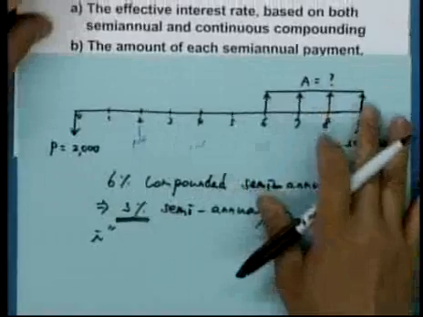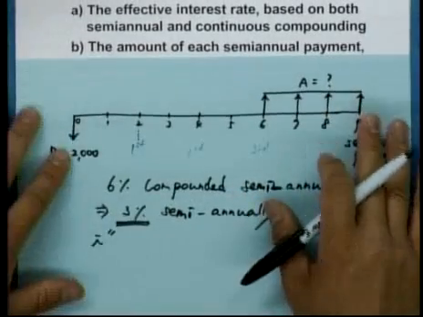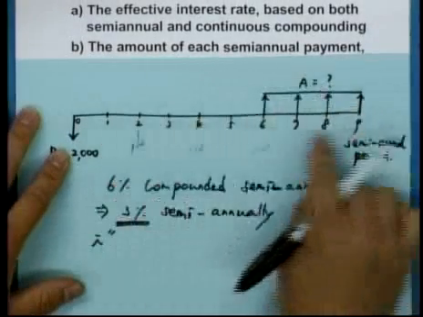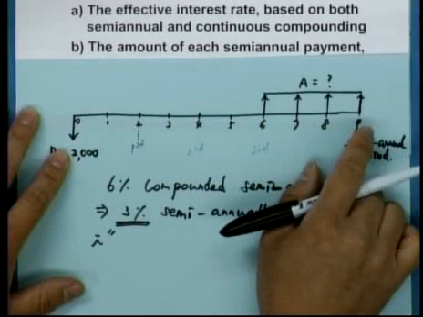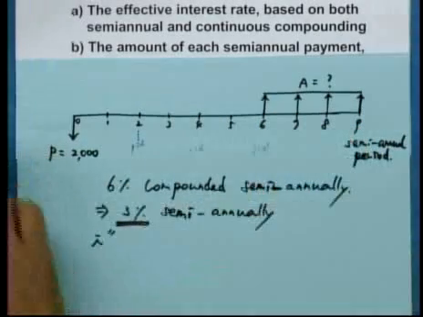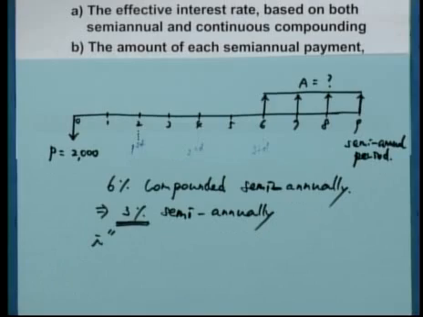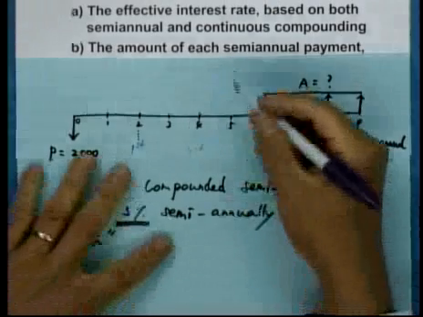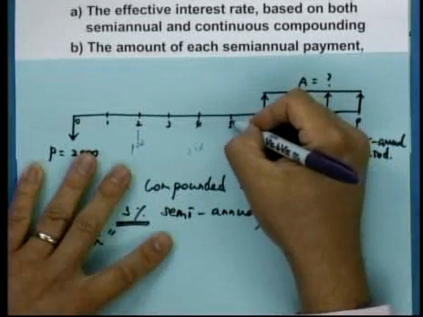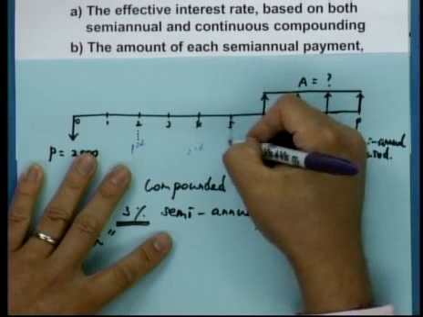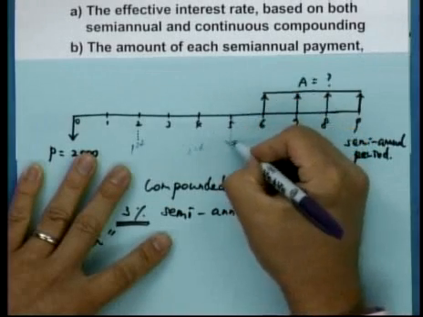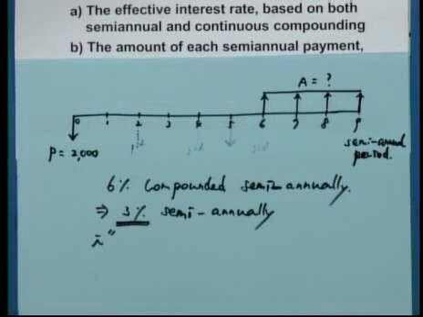And we are required to compute the amount of each semi-annual payment, right? So if I said equivalent present sum of, let's use a different color.